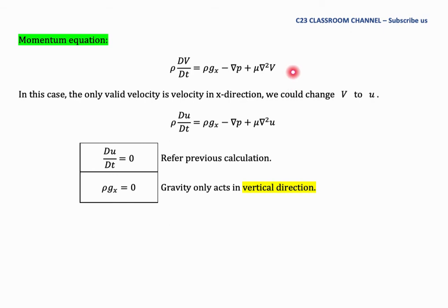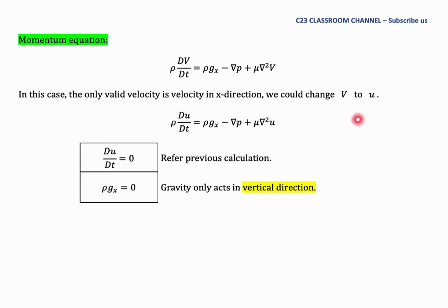So this is the simple form of the momentum equation or Navier-Stokes equation. We have rho dv over dt equals rho gx minus nabla p plus mu nabla square v. Because we are only discussing the x direction, we could change v here into u to simplify our calculation.